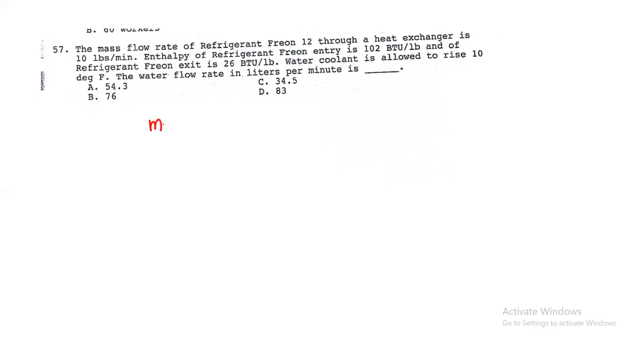So mass ng refrigerant or freon times H1 ng freon minus H2 ng freon is equals to mass ng water, heat ng water, change in temperature ng water. So ang mass ng water, guys, is equals to density times volume. So ganun lang siya. So mass ng freon is 10 pounds per minute.